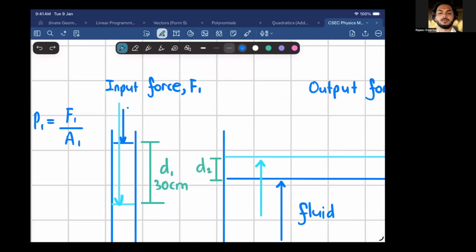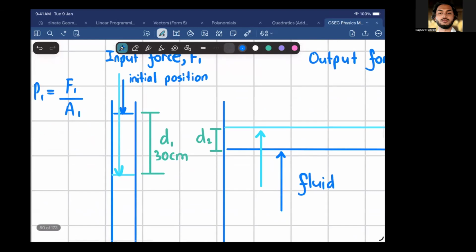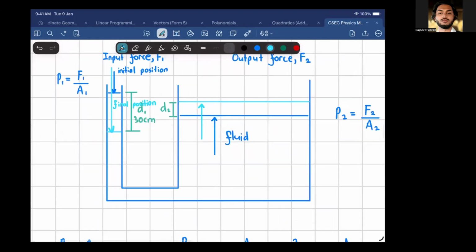That's the initial position, how it looked initially. And the light blue is the final position.